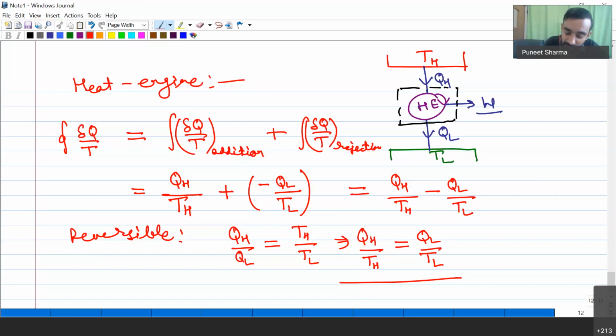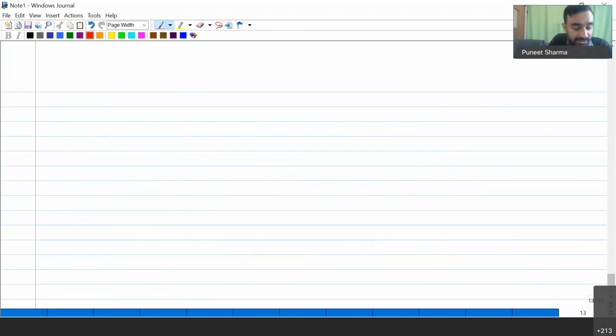So the cyclic integral of del Q by T for a reversible process will be equal to 0. Now let me try to see it for an irreversible cycle, an irreversible heat engine.